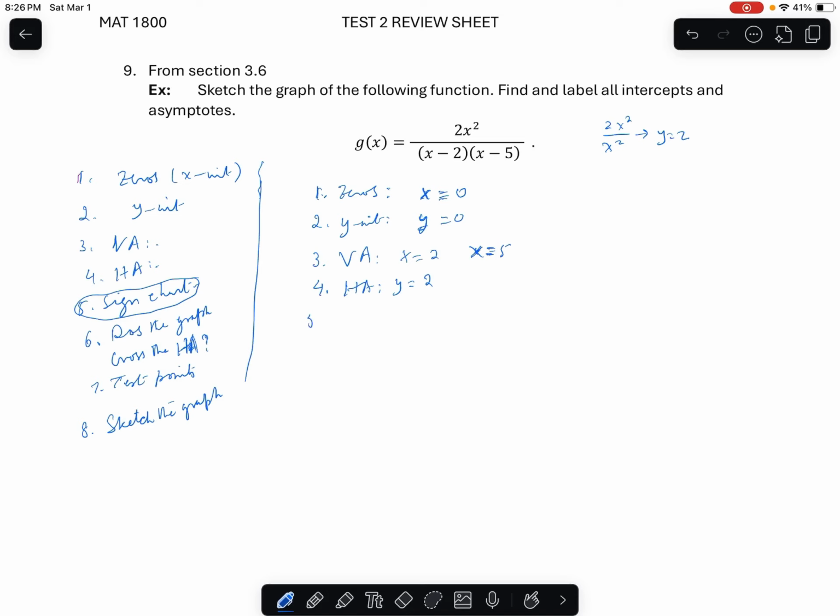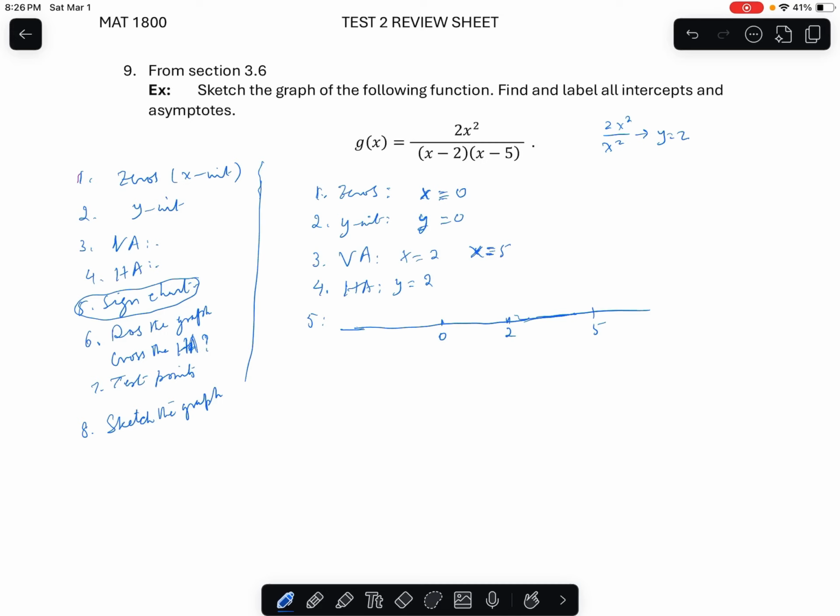Okay, then on the sign chart, what will we do? In the case of polynomials, on the sign chart we put only the zeros, but here we put zeros as well as the asymptotes. So I have 0, 2 and 5.